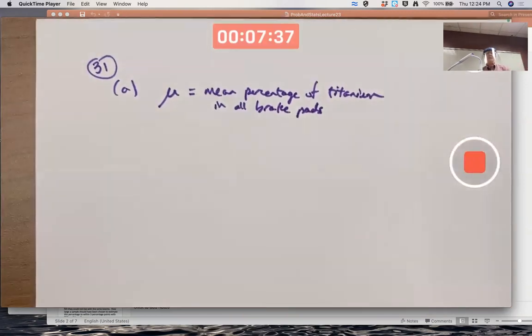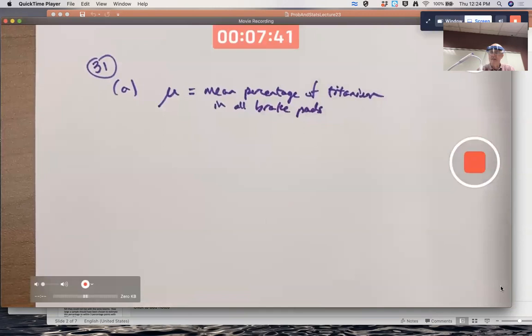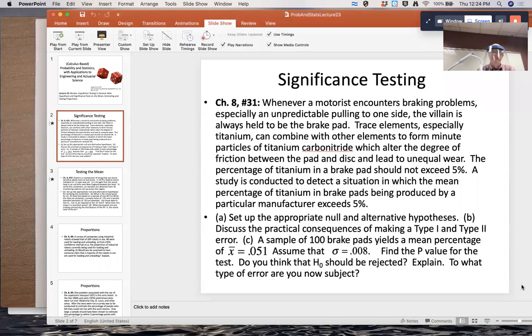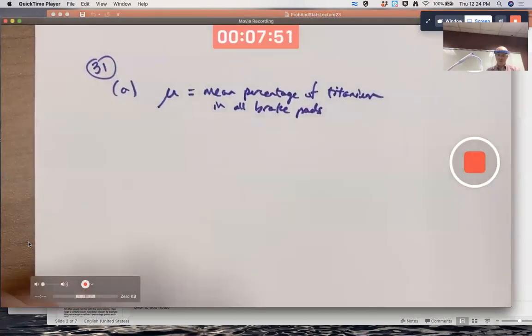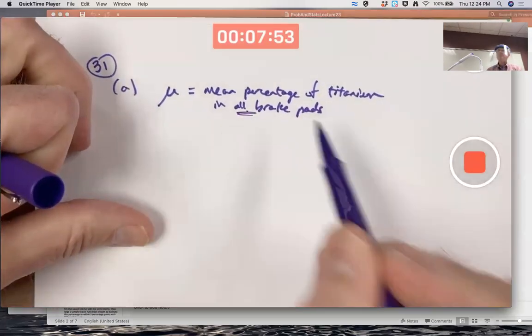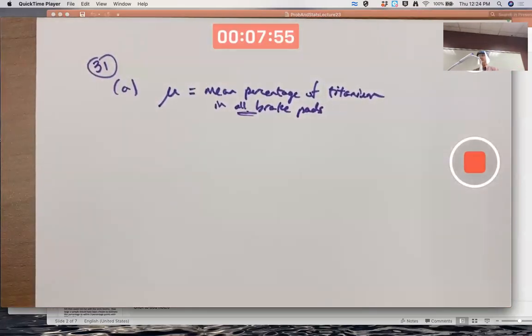I don't remember if this was for a particular model of brake pad or a particular car or something like that. Okay, I guess they're just talking about all cars' brake pads. All brake pads for all cars, okay? That's a population parameter. It's something that you'd like to know about. You don't want it to exceed 5%, 0.05.